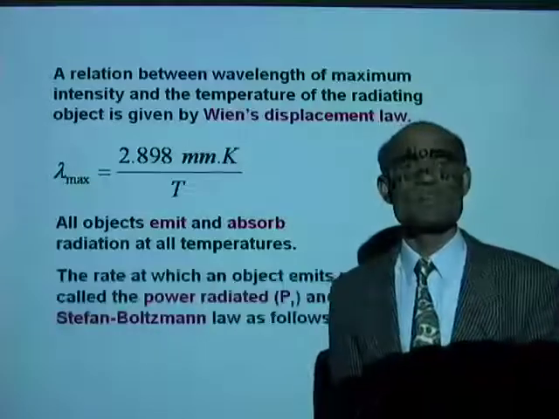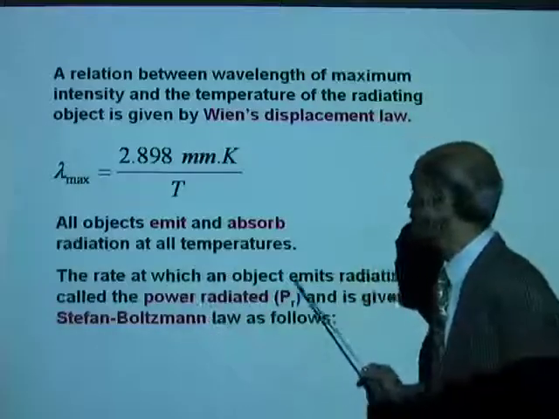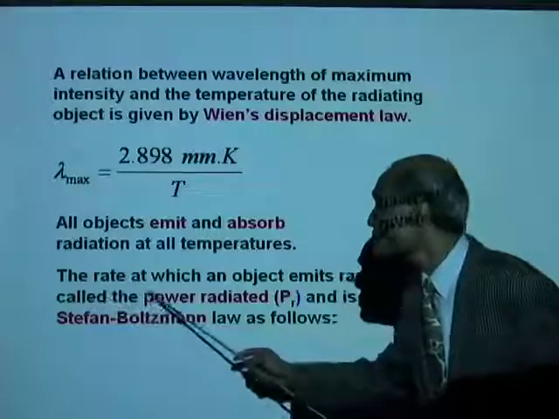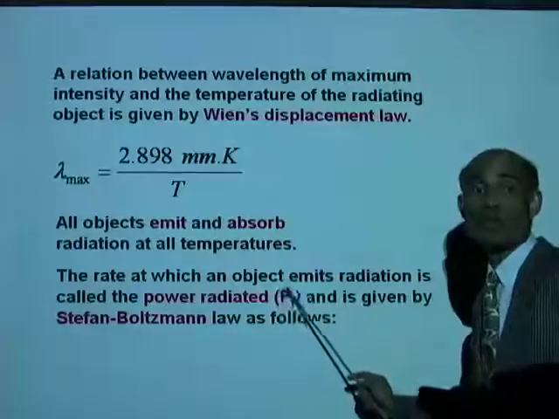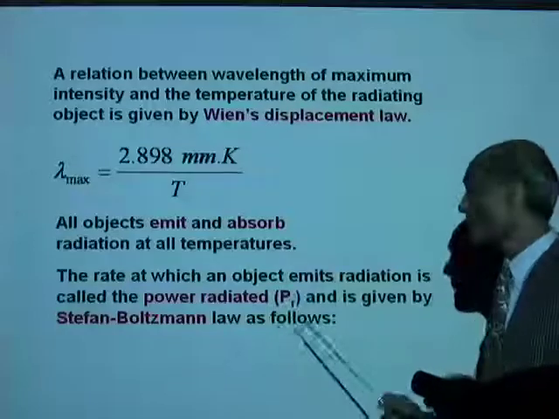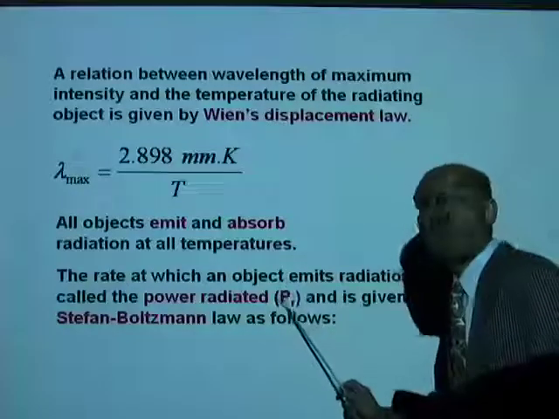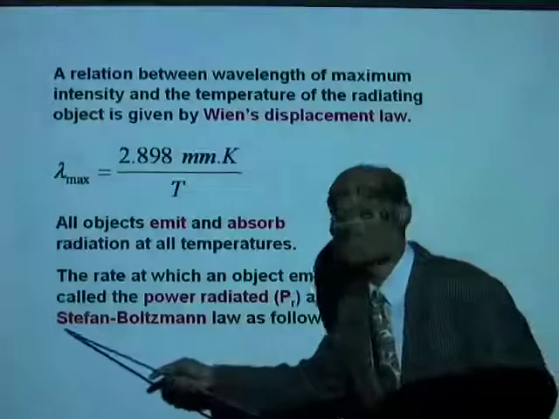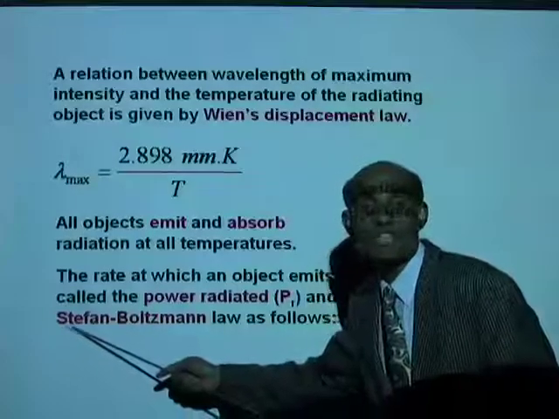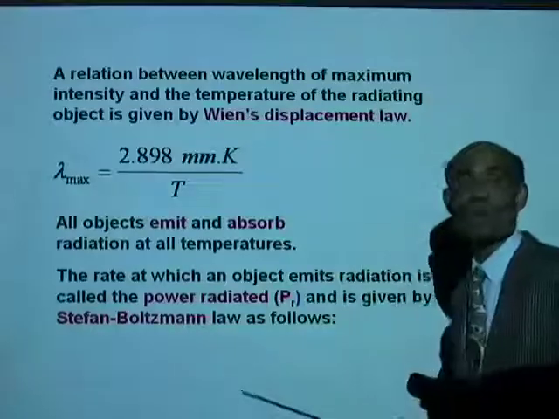Temperatures. The rate at which an object emits radiation is called the power radiated. I'm going to call it P sub R, and the amount of power radiated by an object is given by the law called the Stefan-Boltzmann law.